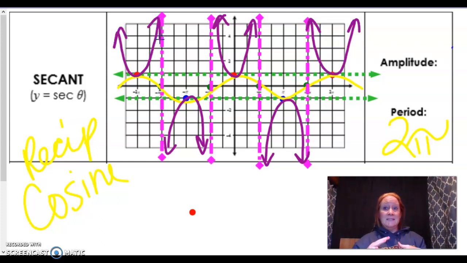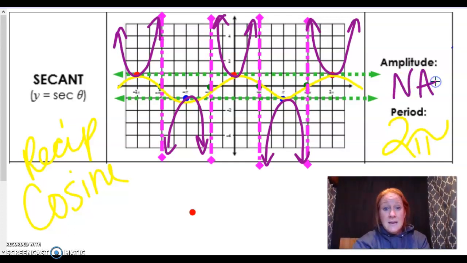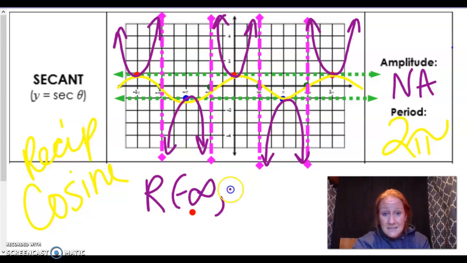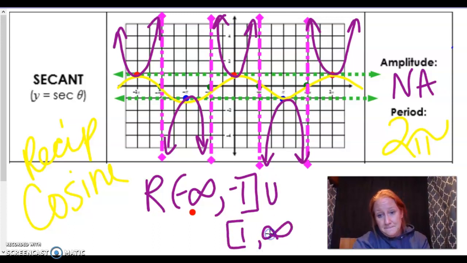Because it goes up forever and down forever, there is no amplitude. I could do the range, just as I could on the cosecant. The range would be -infinity to -1, inclusive, union 1 to infinity. And then your domain would be all reals except the odd pi over 2s.